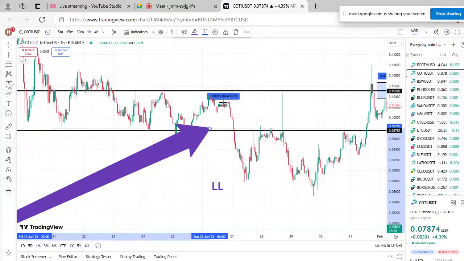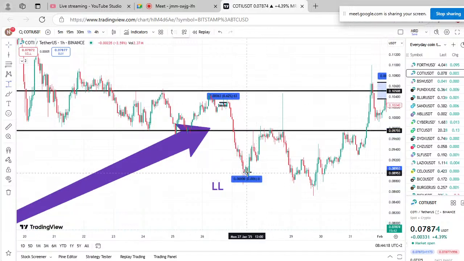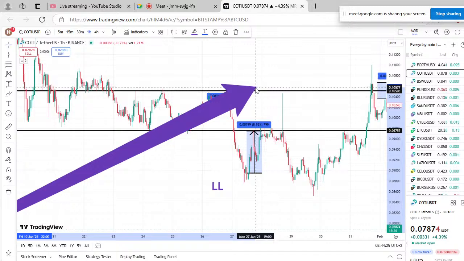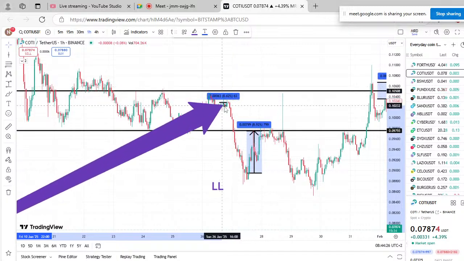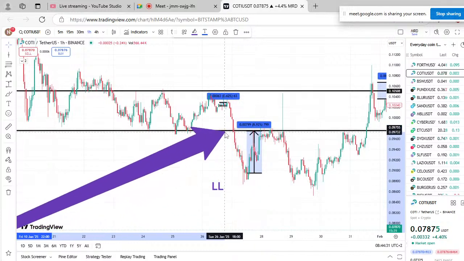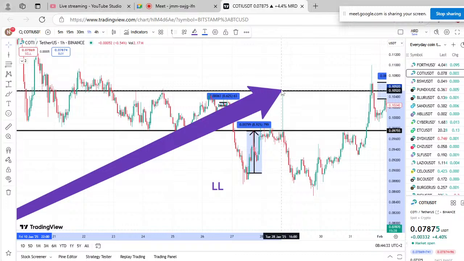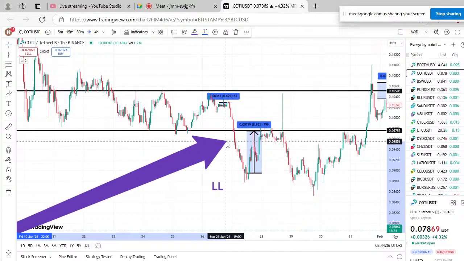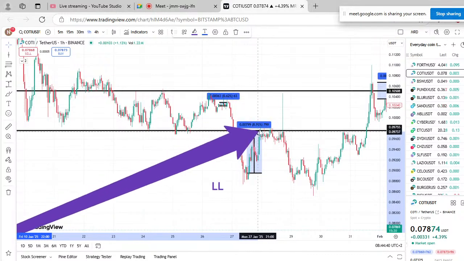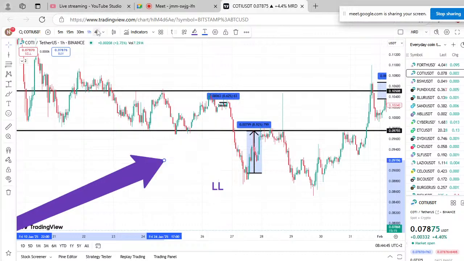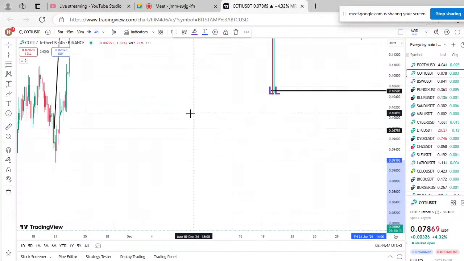So we are entering at this point down here, targeting this point, because we don't exceed this one at the top. No, there we are breaking rules. When we are raising, we have to respect this line. We don't need to break this one, the second one. So we are entering at this point, targeting here. It was 8%.